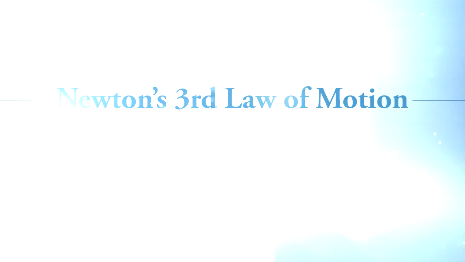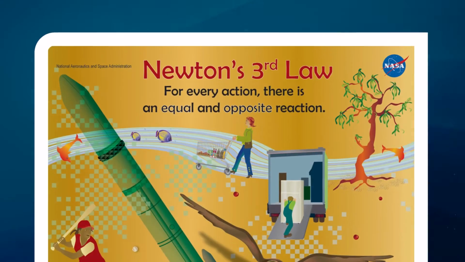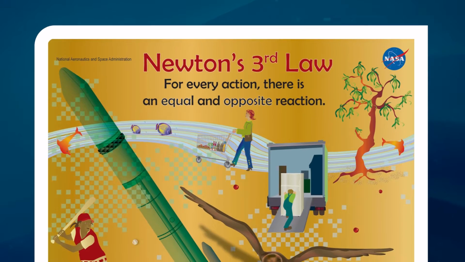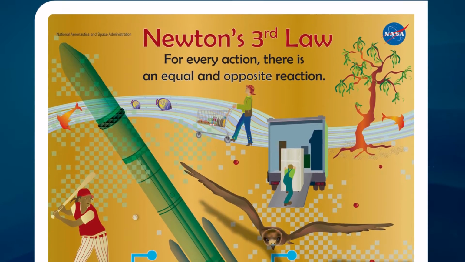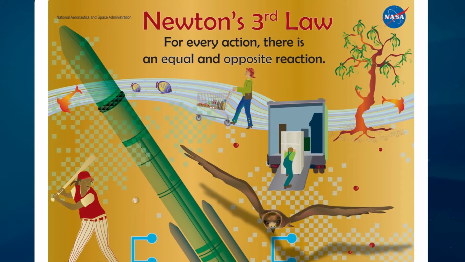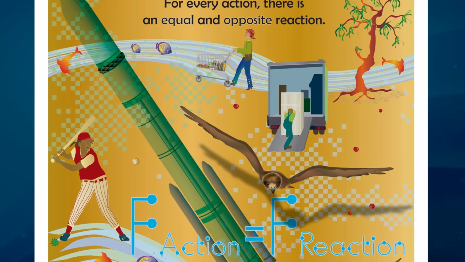Newton's third law is, for every action, there is an equal and opposite reaction. This statement means that in every interaction, there is a pair of forces acting on the two interacting objects. The size of the force on the first object equals the size of the force on the second object.